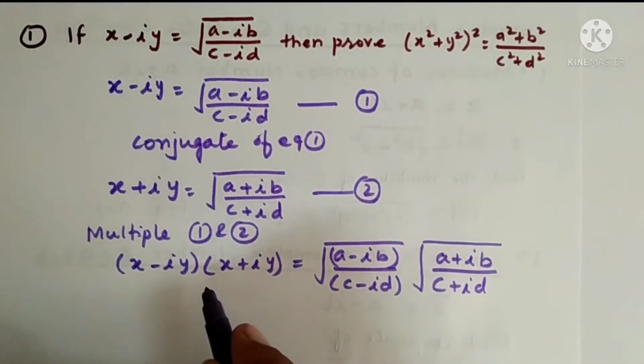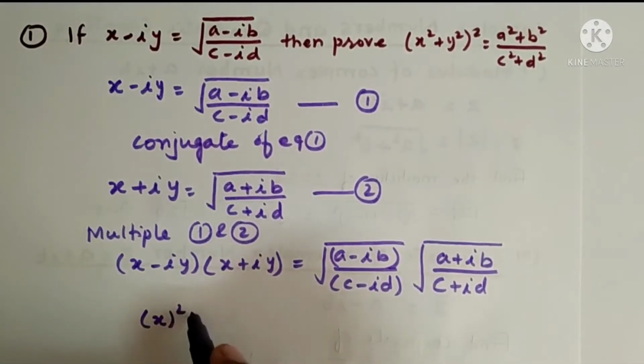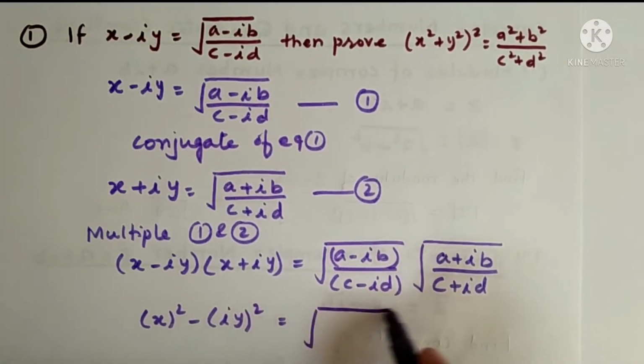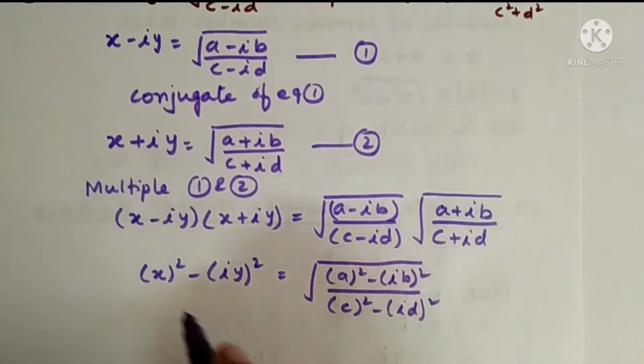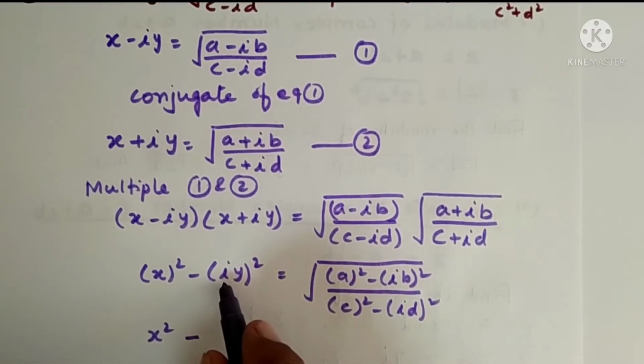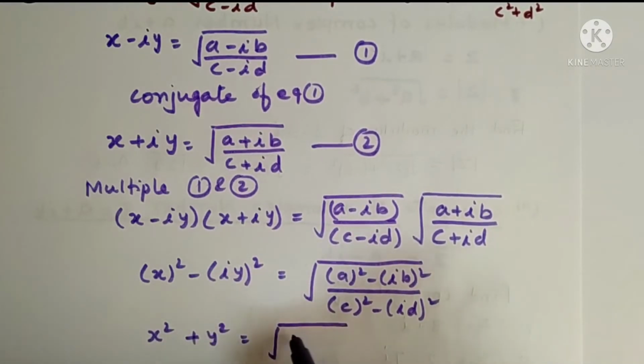So what we get here, the first is x square minus iota y whole square, and this will be equal to root of a square minus iota b whole square upon c square minus iota d whole square. Okay, this will be equal to x square, iota square is minus, and minus plus, y square, and this we can write as root of a square plus b square upon c square plus d square.